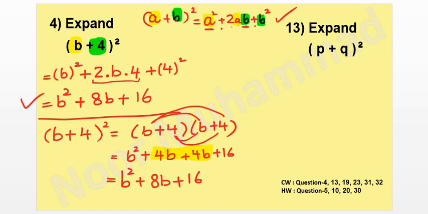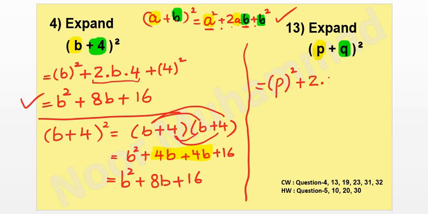So I will explain one more question with the help of the formula, and then I want you to solve the questions that are on the next slide on your own. So this yellow one is the first term and this green one is the second term. According to our formula, we have to square the first one. So this is the square of the first one. Then according to the formula, we have to put a plus sign here, 2, and then we are supposed to write the first term, that is the yellow one.